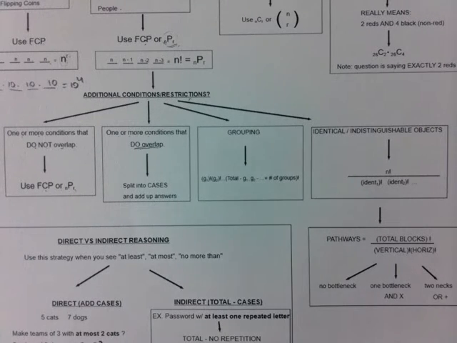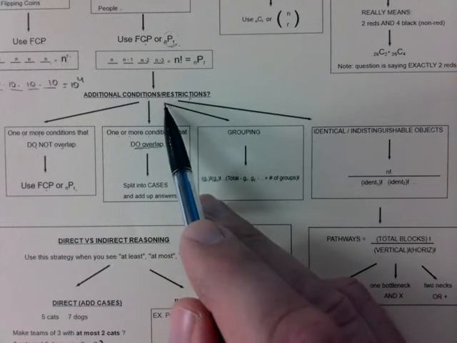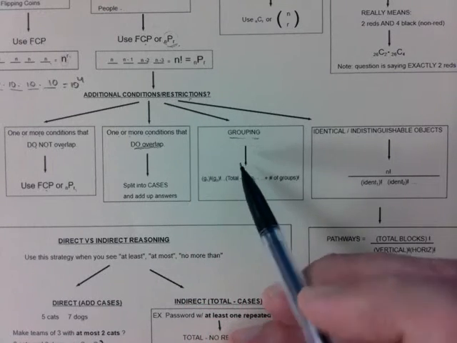A at the front affects the number of vowels available at the end, so there's an overlap. You need to split that into cases, and then add up your answers. Another branch you can come down to is that there could be some grouping mentioned.